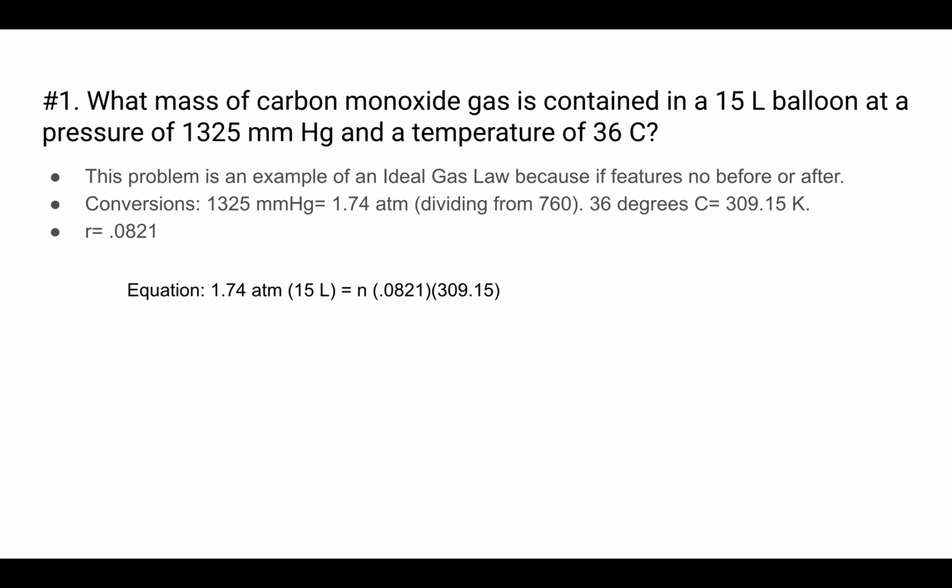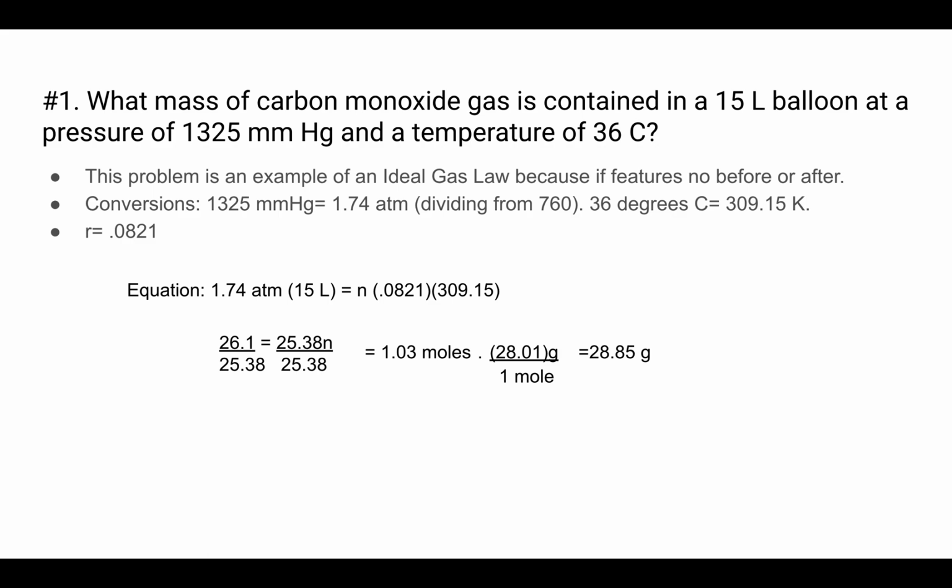The equation would be 1.75 atmospheres times 15 liters equals n, the moles, times 0.0821 times 309.15. Multiplying one side, you get 26.1. Multiplying the other side altogether, you get 25.38 n, where n is what you're trying to find, the moles. You divide by 25.38 to get n by itself, and then you get 1.03 moles.